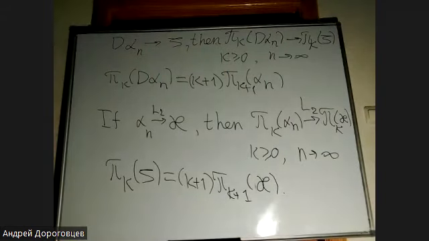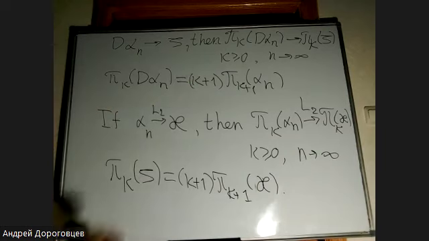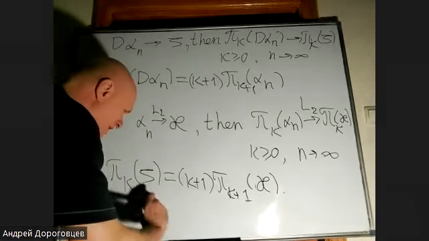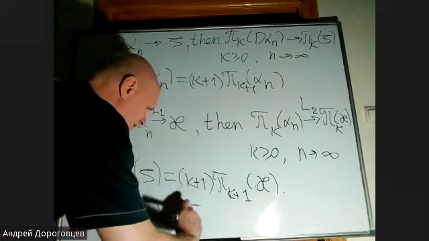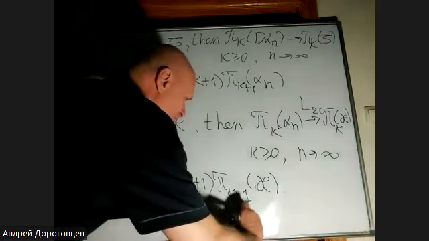Okay. Finally, from these two relationships, we have such an expression. And it follows from that that exactly d of kappa is equal to zeta. And kappa belongs to the 1.